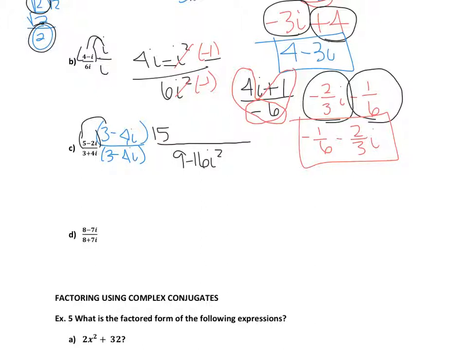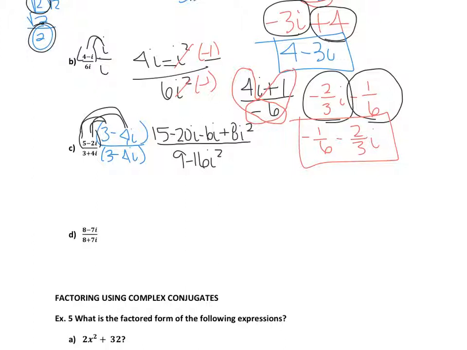So 5 times 3 is 15. 5 times negative 4i is negative 20i. Negative 2i times 3 is negative 6i. Negative 2i times negative 4i is positive 8i squared.